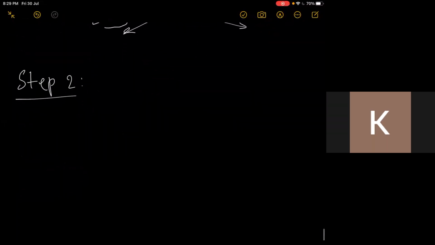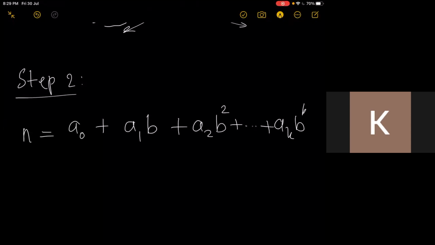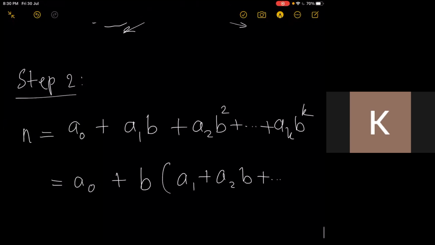Like this. Okay, so n equals a0 plus a1 b plus a2 b square plus ... plus ak b to the power k. This is my number. Now I can write this as a0 plus b times (a1 plus a2 b plus ... plus ak b to the power k minus 1).